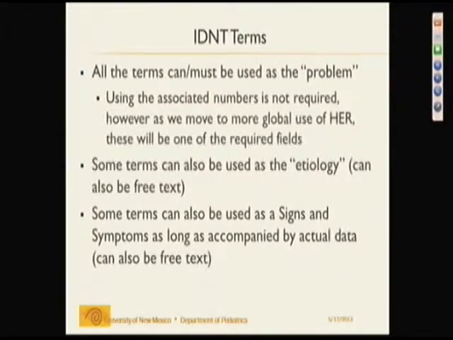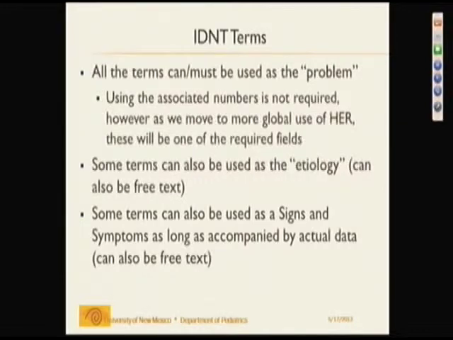All the terms in the book can or must be used as the problem in the diagnostic terminology. And the associated numbers in the book aren't required. However, I noticed here there's a typo. It says her. Every time you try to type in EHR, electronic health record, the computer thinks it wants to change it to something else. So that's actually EHR. As we move to more global use of electronic health records, those numbers will be like the ICD-9 codes.